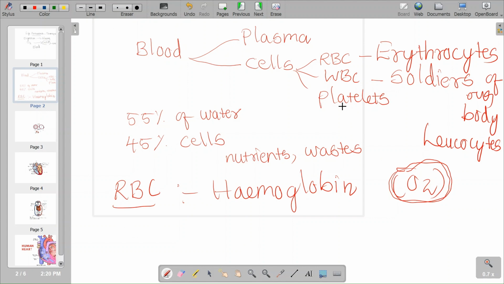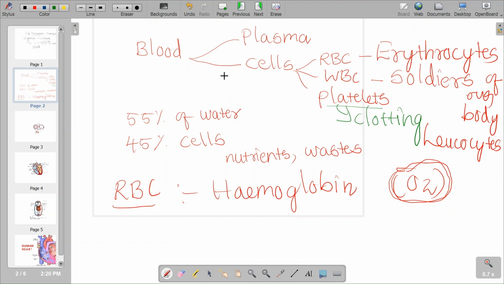Now, what is the function of platelets? Platelets help in blood clotting. Whenever any damage is happening in our blood vessels internally, these platelets help in clotting of blood to prevent further leakage of our blood, and also externally, whenever we get any cut or wound, platelets help in blood clotting.